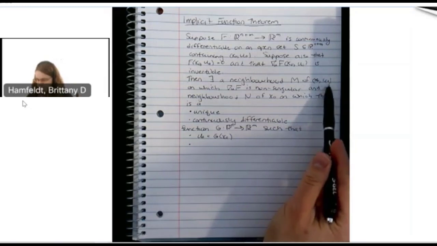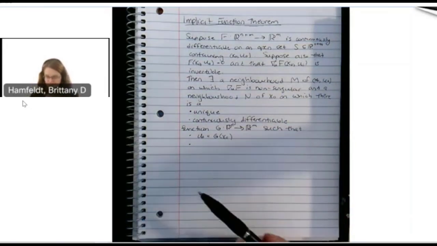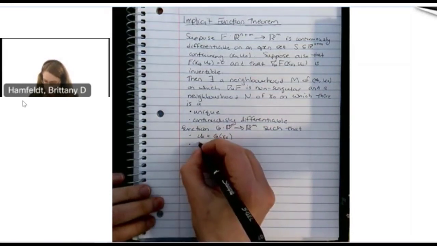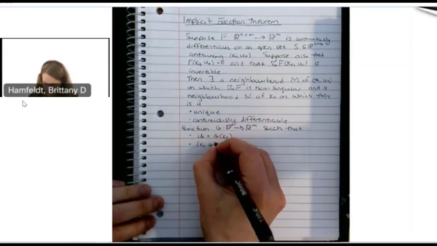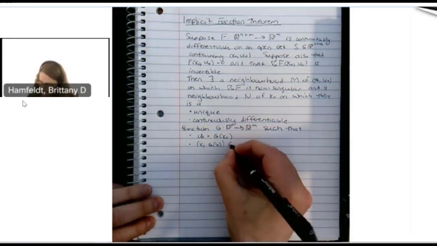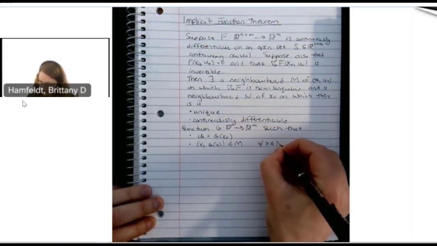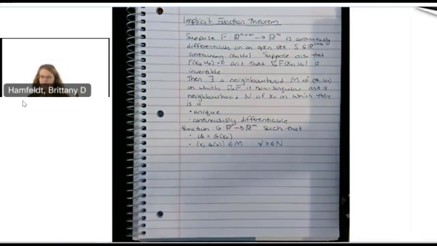Now the u's are given by g of x. We expect them to stay close by to our reference point. So the way we stated that was that this collection of points, the x and u's that we're going to solve for, are going to stay in this neighborhood of our reference point. And this is going to be true as long as our x's stay in their appropriate neighborhood.